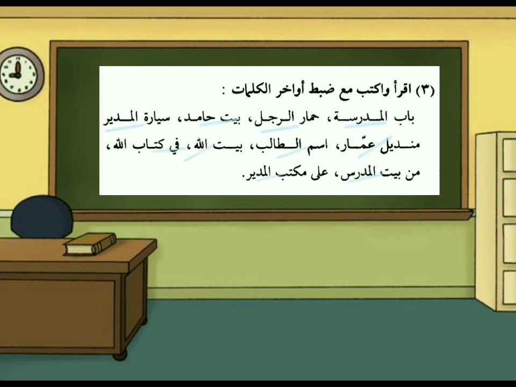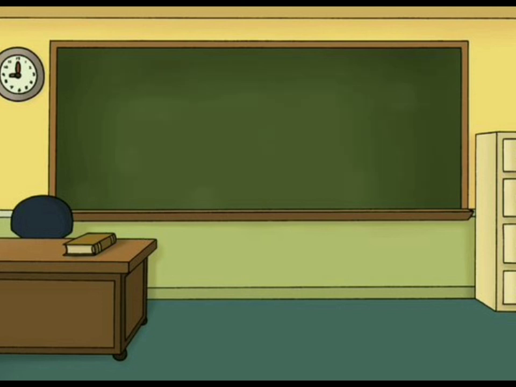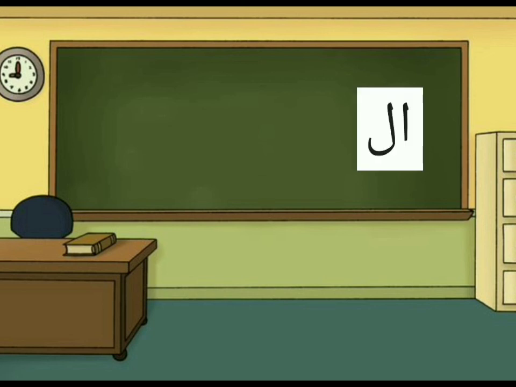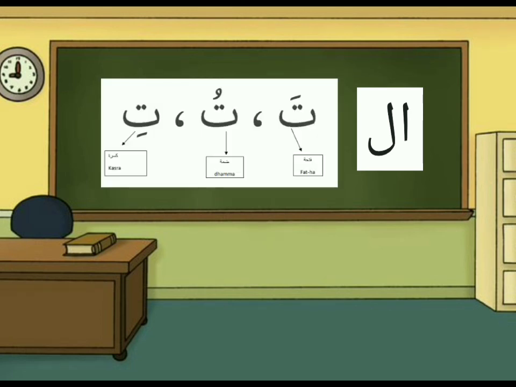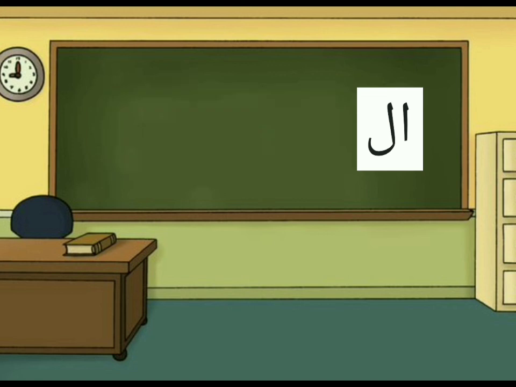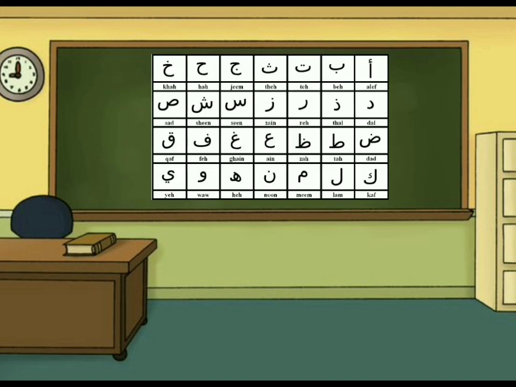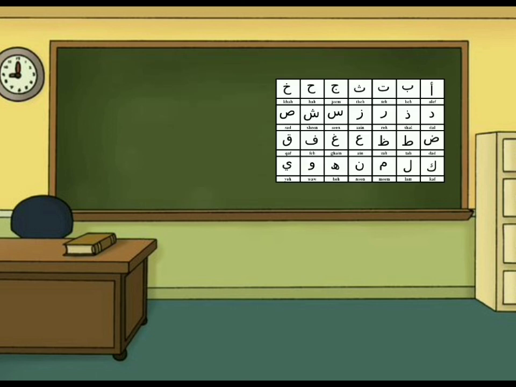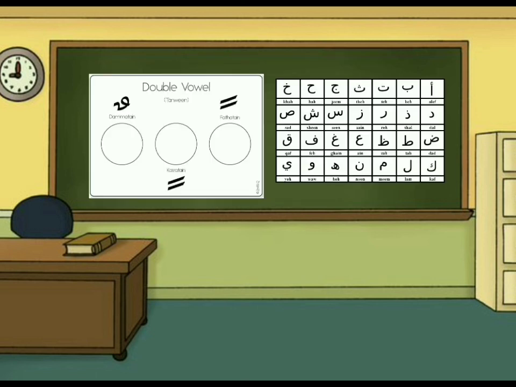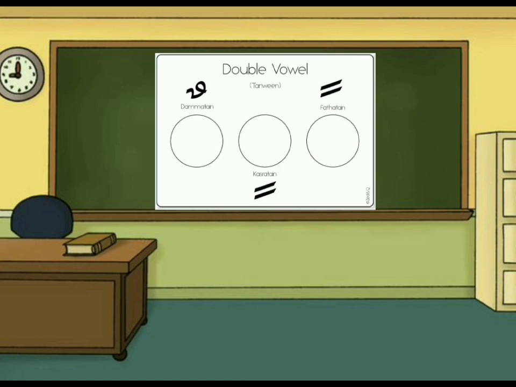Just always remember that if a noun or word starts with alif lam, then the vowel of that word will only be a single vowel like the fatha, dhamma, and kasra. If the noun or word doesn't start with alif lam, then the vowel of that word will automatically be tanwin, or the double vowels like the fathatain, kasratain, and dhammatain.